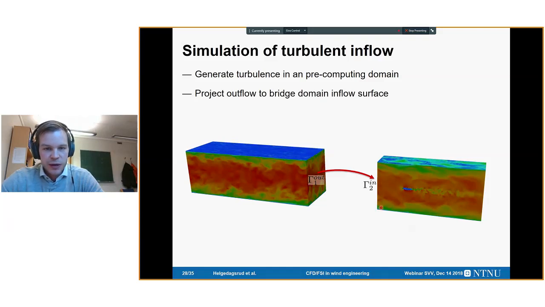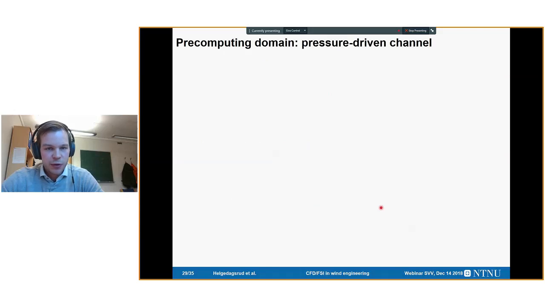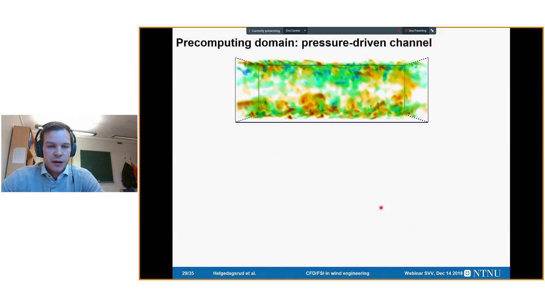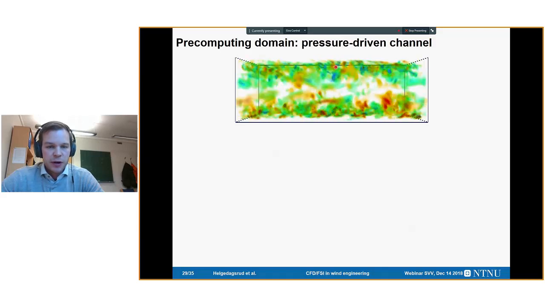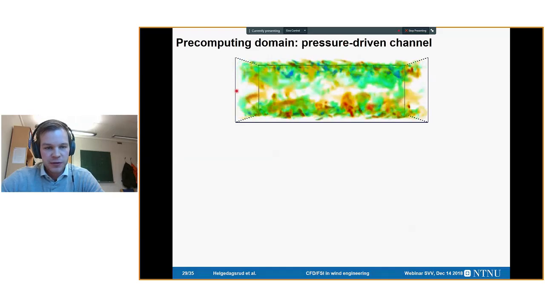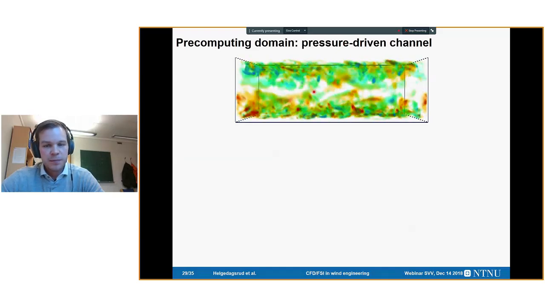So in the pre-computing domain, we use a pressure-driven, wall-bounded channel with periodic boundary conditions. So what flows out here comes in again here. And we see the turbulence sort of develops nicely.